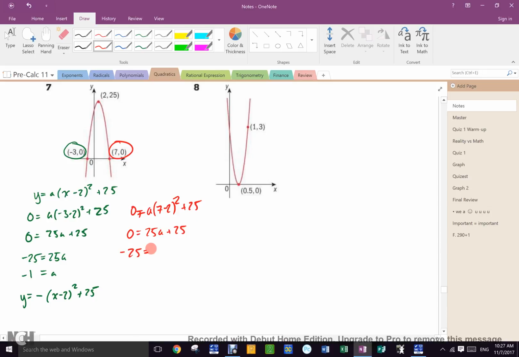Negative 25 equals 25a. A equals negative 1. Y equals negative (x minus 2) squared plus 25. Same answer. Doesn't matter what point you use. Cool?